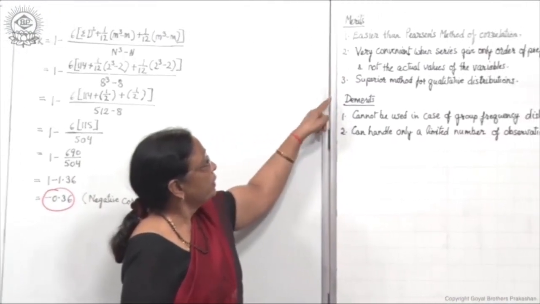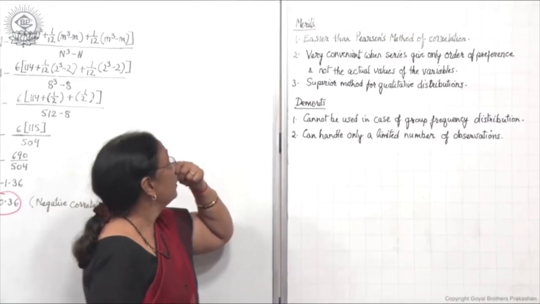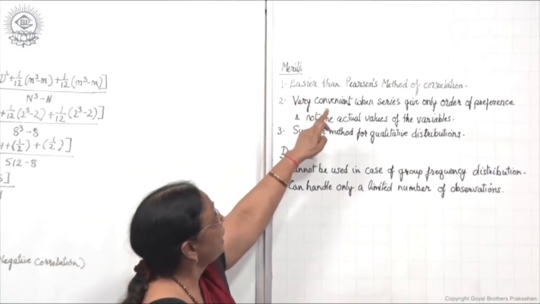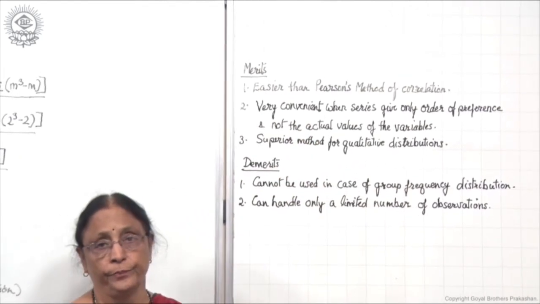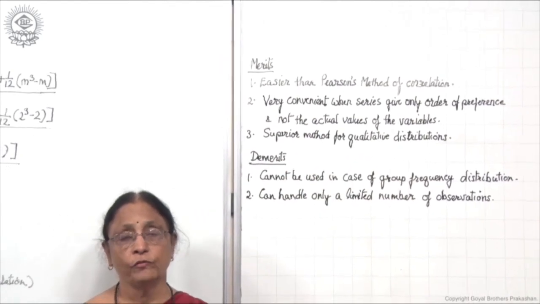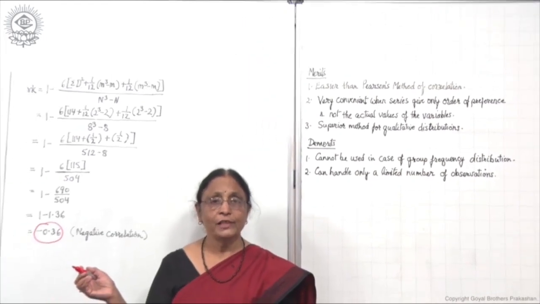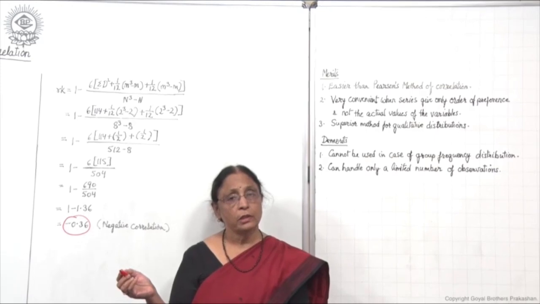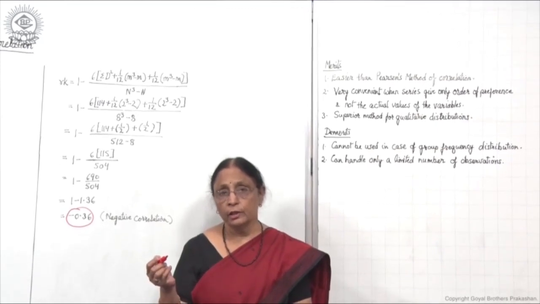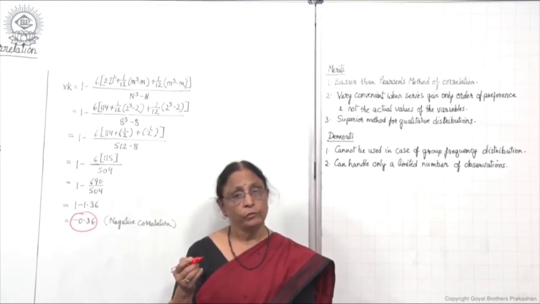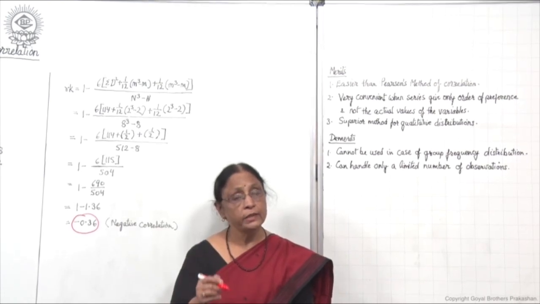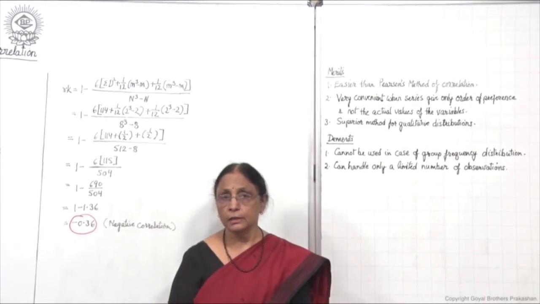Now here the merits and demerits are written. Merits first: easier than Pearson's method of correlation. Karl Pearson's method, in comparison to this, was a little difficult because there was long calculation and you have to calculate mean and standard deviation to get the answer.